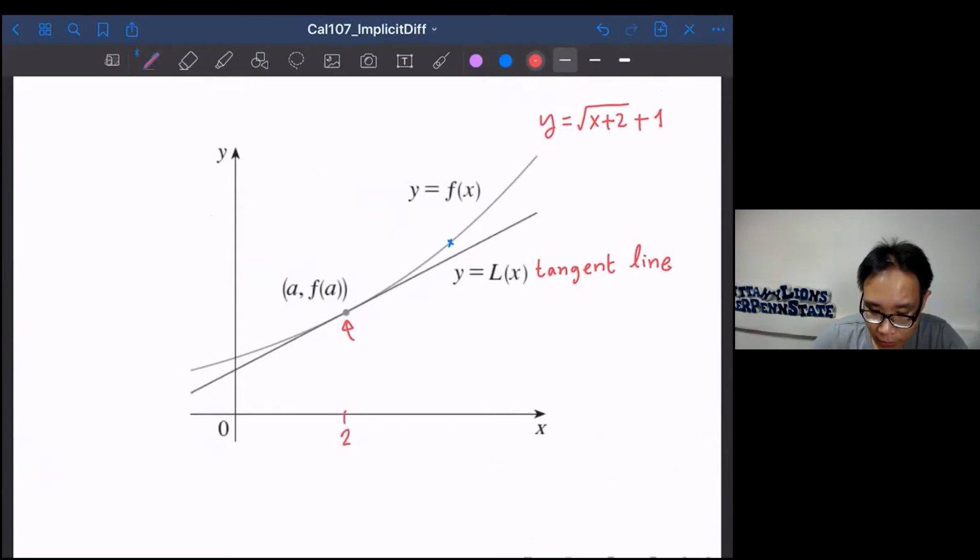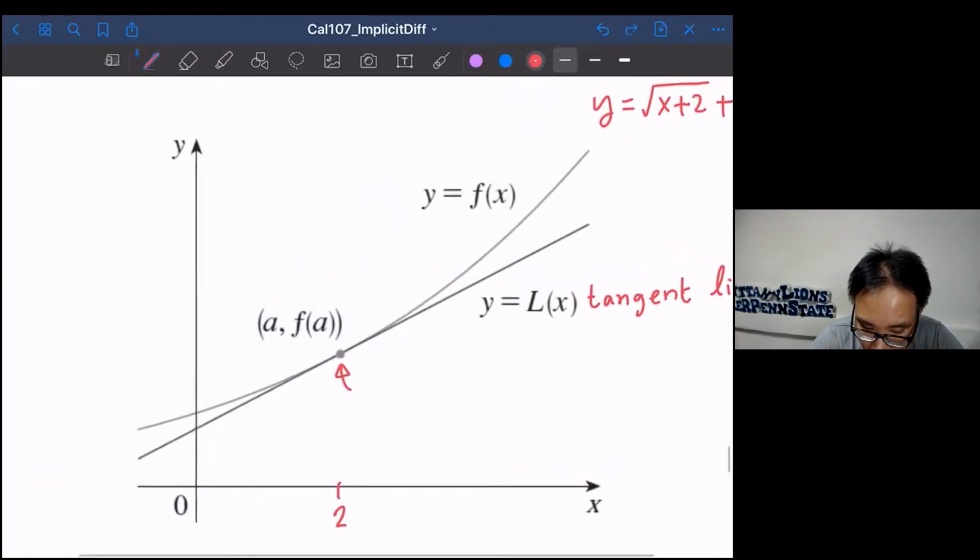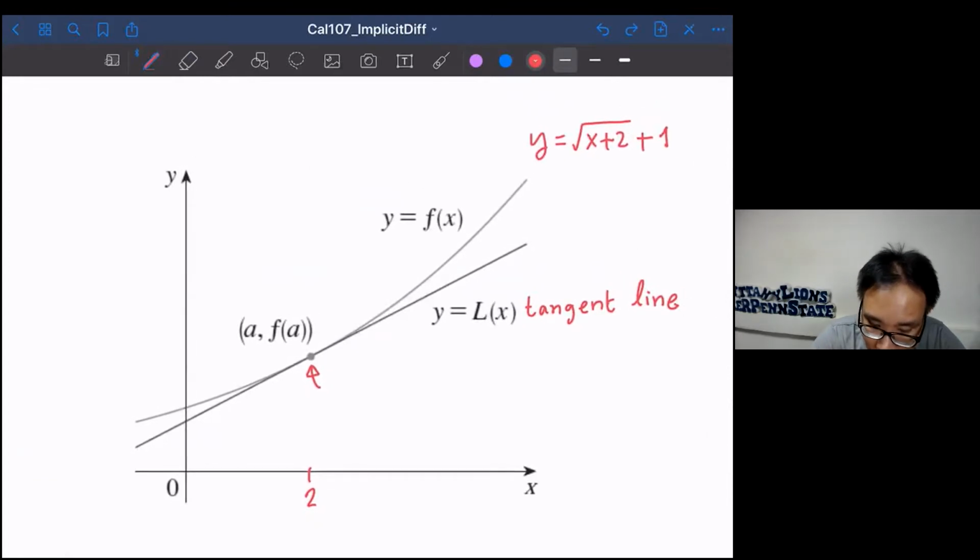Let me enlarge this a little bit. So if I have this point at 2.5, it seems far, but not far. So you have 2.5 here.